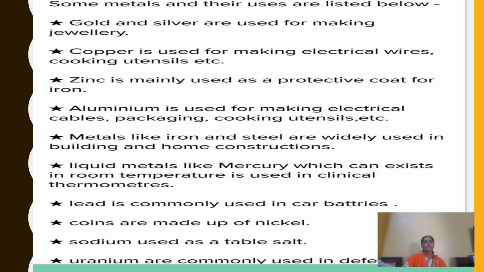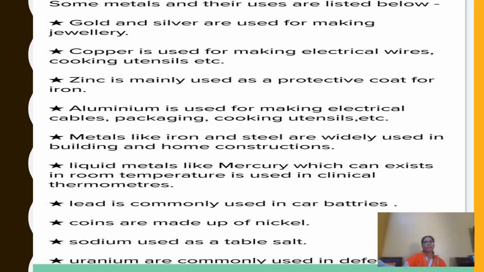Due to malleability and thermal conductivity, it is used to make sheets and cooking utensils. So copper is used for cooking utensils due to malleability and conductivity of heat, and for electrical wires due to ductility and conductivity of electricity.